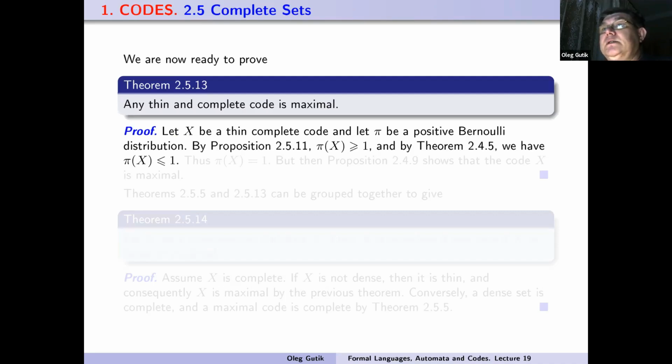By Proposition 2.5.11, we have that pi of X is greater than or equal to 1, and by Theorem 2.4.5, we have that pi of X is less than or equal to 1. Thus, we get that pi of X is equal to 1. But then Proposition 2.4.9 shows that the code X is maximal.